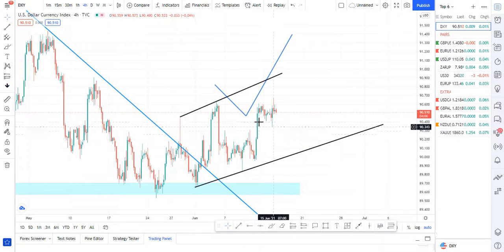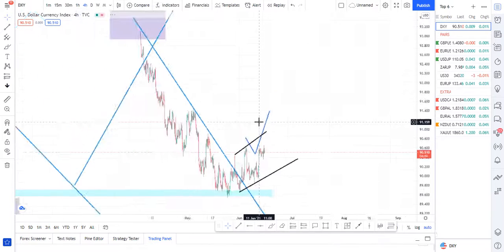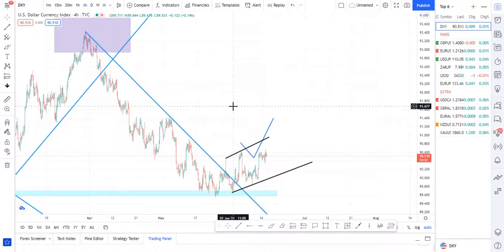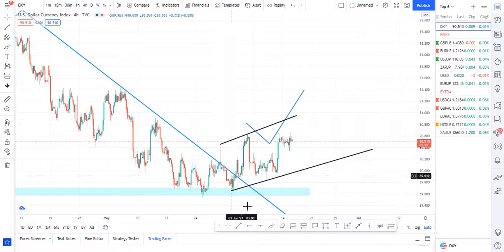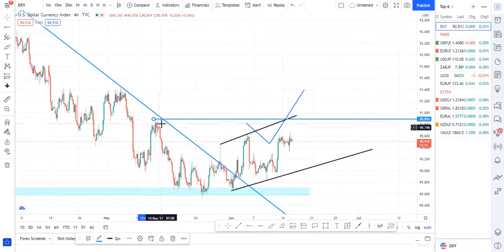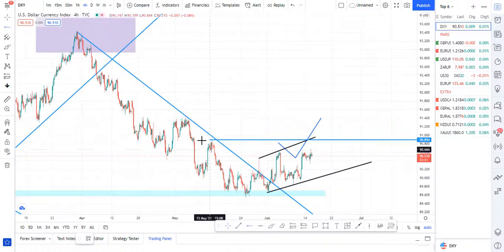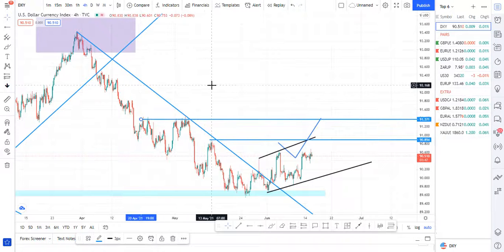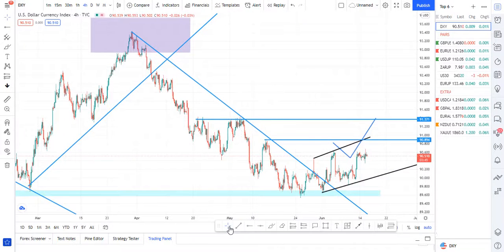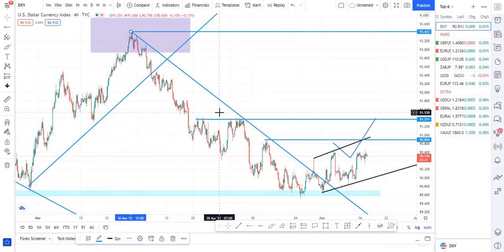So now, as you can see, when we go to the smaller time frame, I'm going to do the same exact thing I did on the bigger one. I'm going to put this here because I see that it's a strong one here. I'm going to put it here as well. As you can see, it's been rejected multiple times, and I'm going to put it here as well.